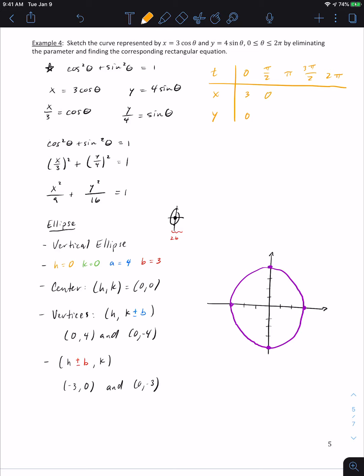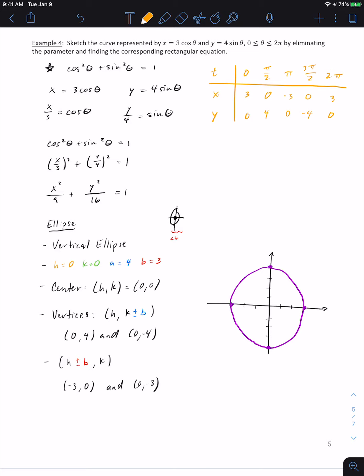Sine at pi over 2 is 1, so I get 4. Then cosine at pi is -1, so I get -3. Sine at pi is 0. Cosine at 3 pi over 2 is 0. Sine at 3 pi over 2 is -1, so I get -4. And then cosine at 2 pi is 1, so I get 3, and sine is going to be 0, right?